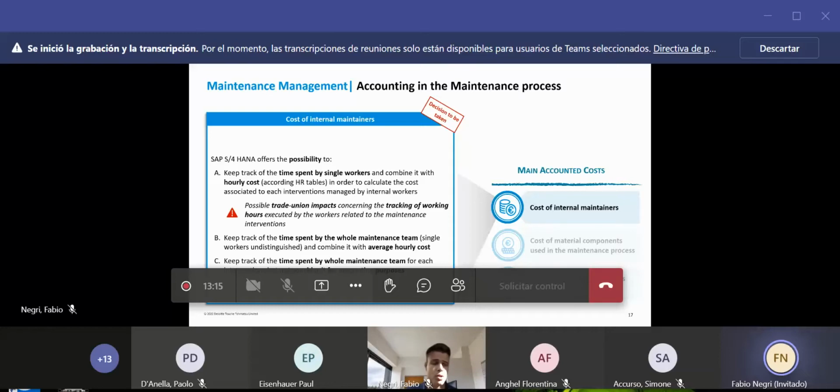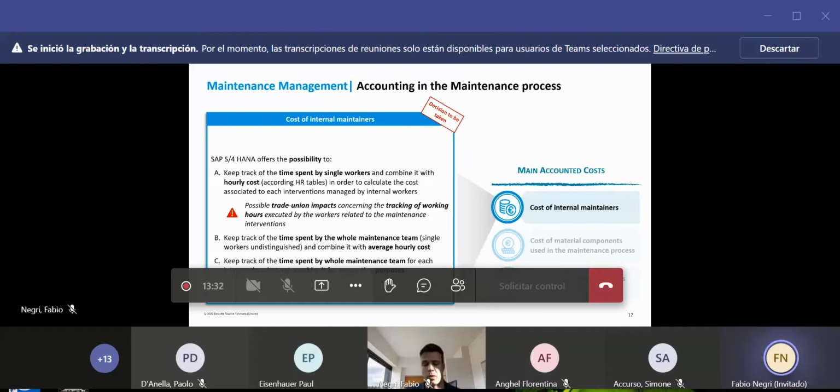Finally, the last solution is the lightest, where the only point is to track the time spent by the whole maintenance team, but decide not to consider it for accounting purposes.